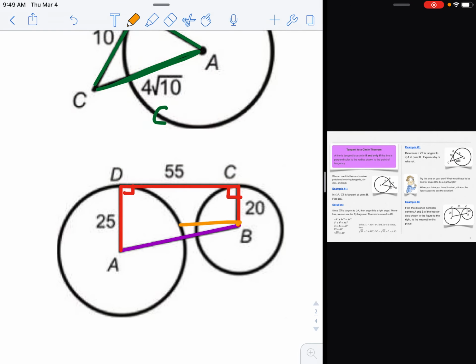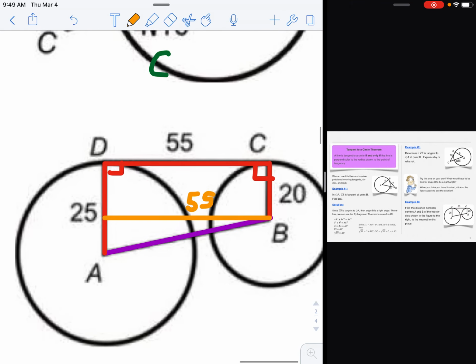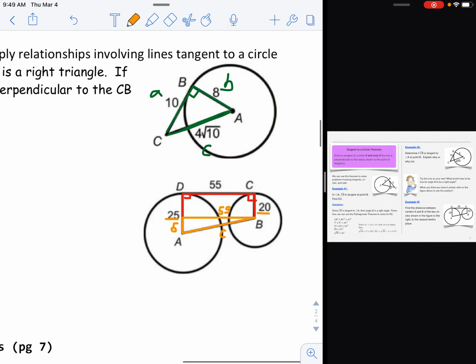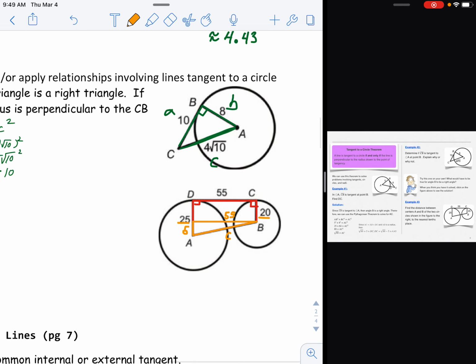So all I'm going to do is take this tangent and bump it down there, 55. Then this is 20 minus 5. I'm going to take 20, subtract 5, so it's just 5. And now I just have to find this length. I'll call that C, and we'll use the Pythagorean theorem again. So Pythagorean theorem, incredibly important.